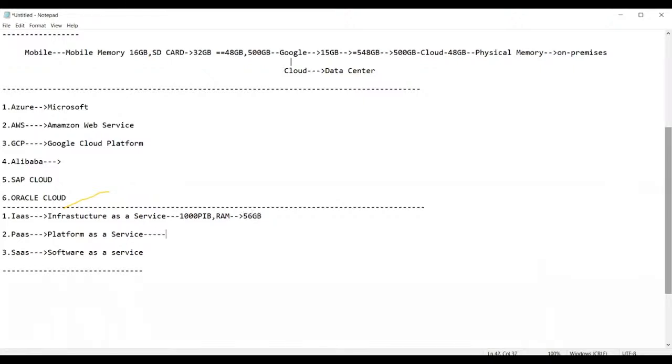Next, after this, platform as a service. Suppose, guys, suppose. What is a platform? A platform is generally a type of operating system. Now guys, we are using Android as an operating system, and Apple is using some other operating system.